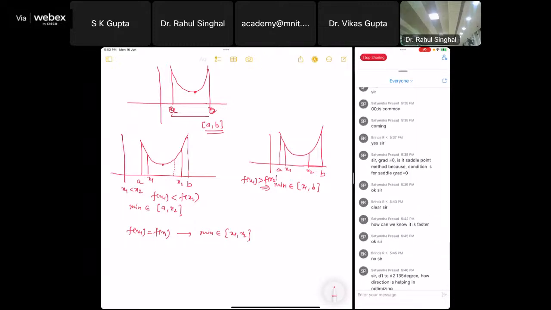So this is simply a brief introduction of search techniques, right? If you understand this, then you will understand the other schemes also. And if you want to use those schemes in the problem you are studying, then you can learn them easily using these basic fundamental things, right?